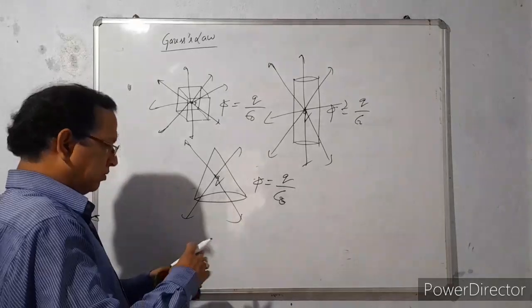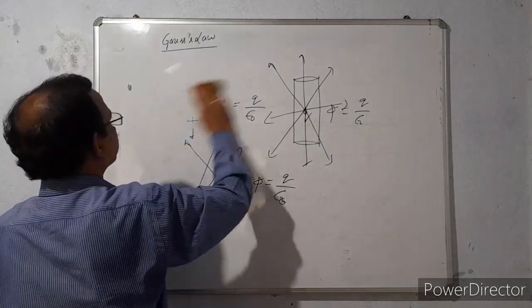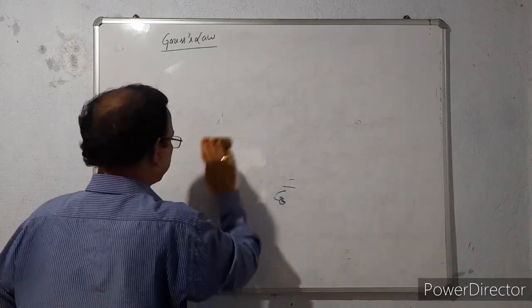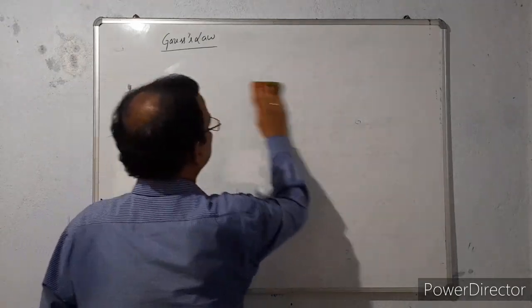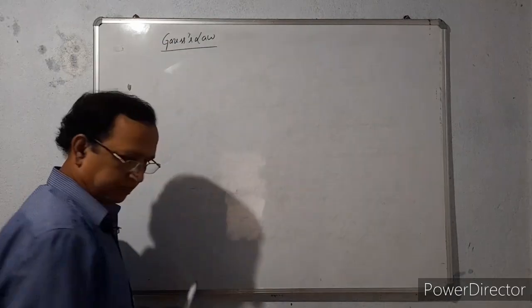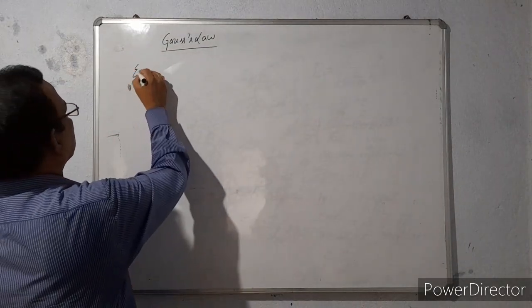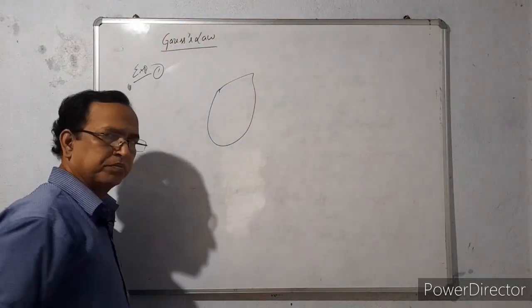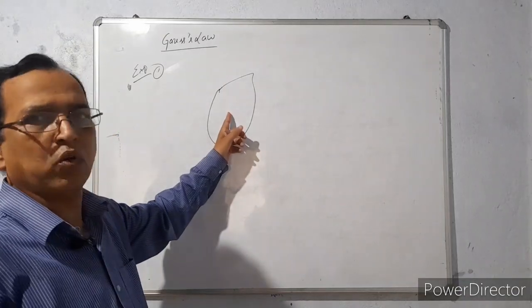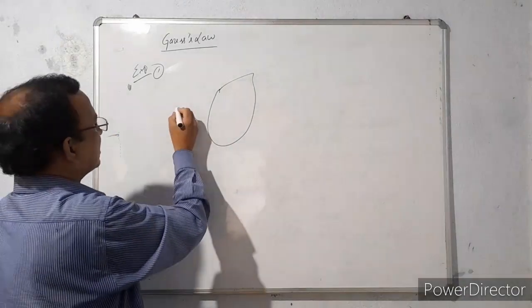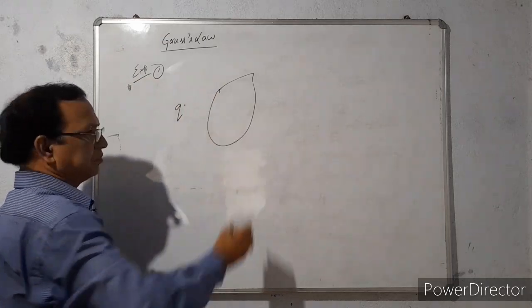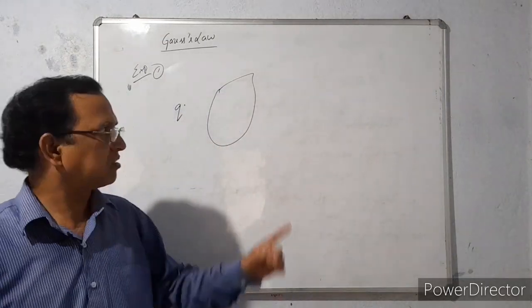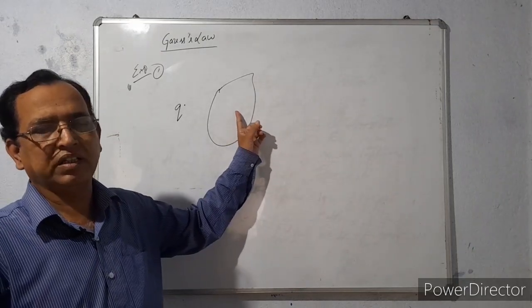Some examples. Let us consider a closed surface. A charge is placed at that position. What is the flux in this closed surface?